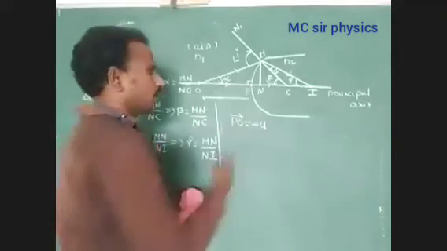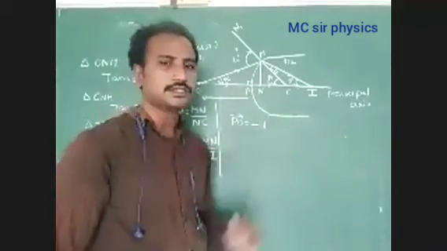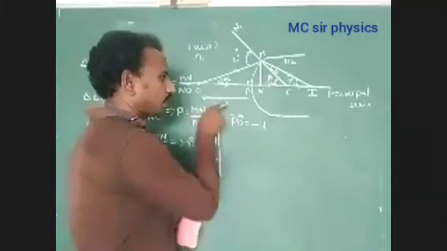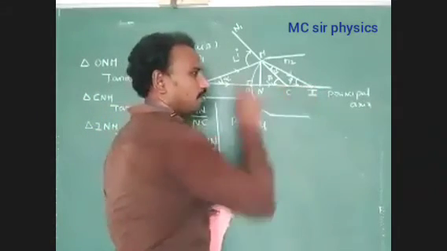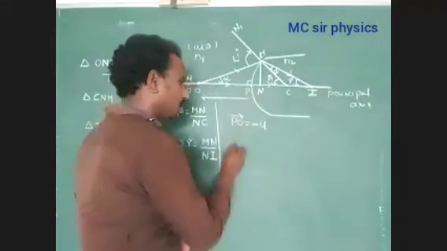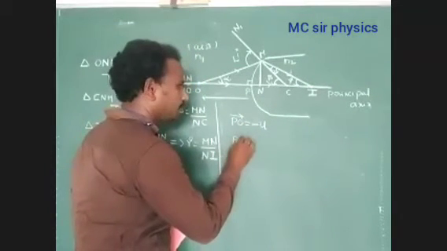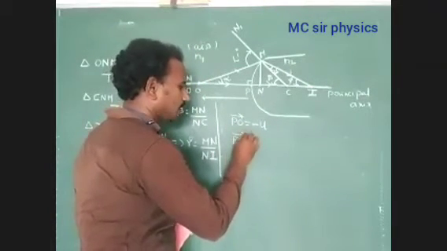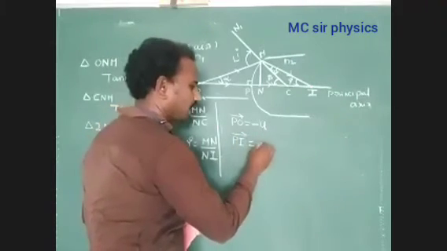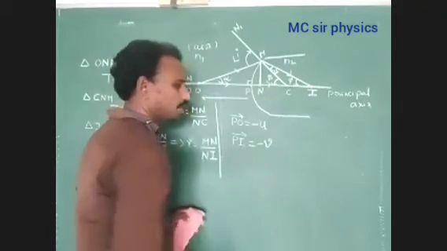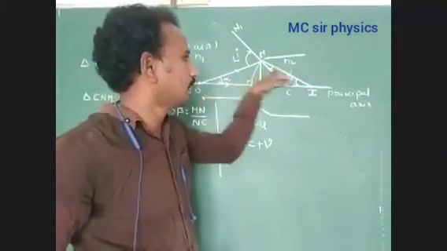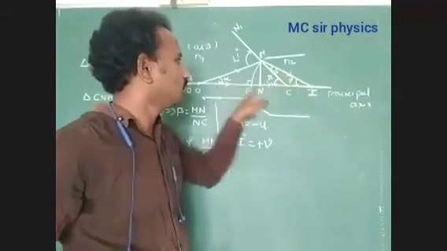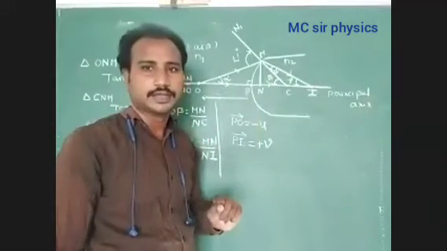Okay, next, we have to find out the image distance. Here you are calculating the distance direction from pole to image formation point, PI bar, equal to plus v. What is the reason? You are calculating the direction of distance along the incident ray direction.